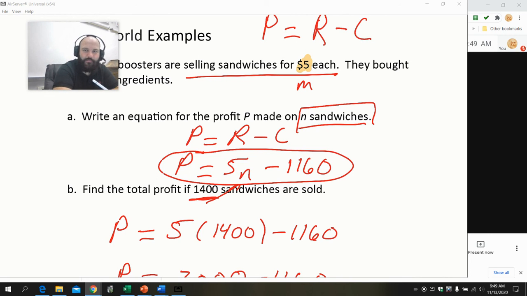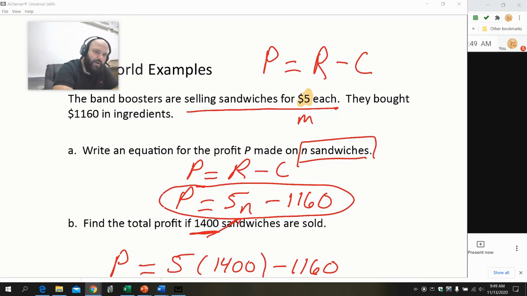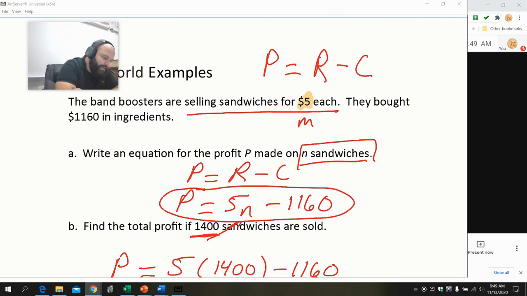That is M. The one-time cost is going to be this right here, this 1,160, because we only pay that one time and then we have all the ingredients that we need. And so if you look at this last equation that I have circled in y equals mx plus b, you can see the M is 5, which is the reoccurring cost, and the B is 1,160 because that's the one-time cost.